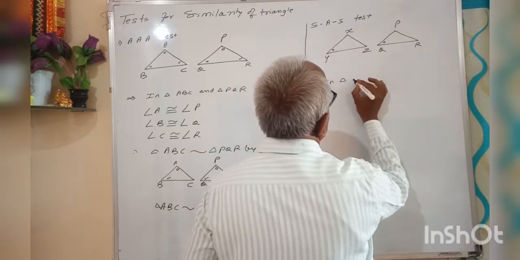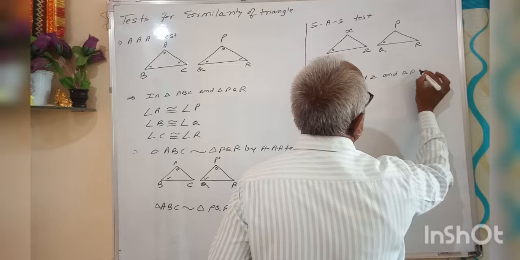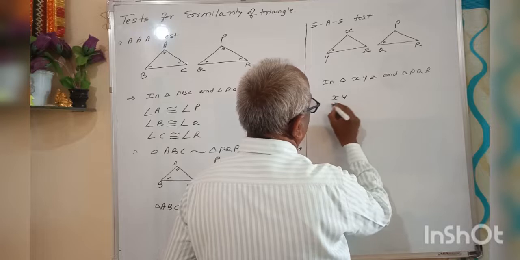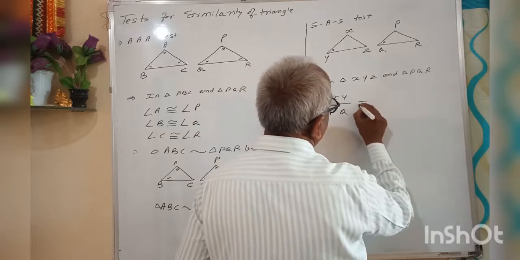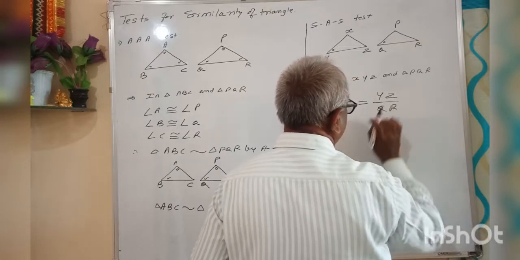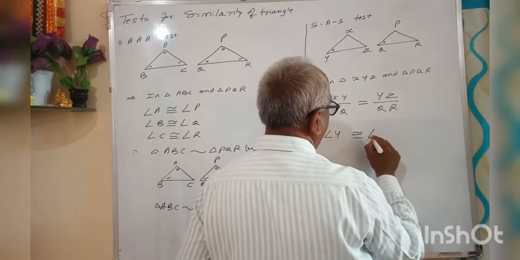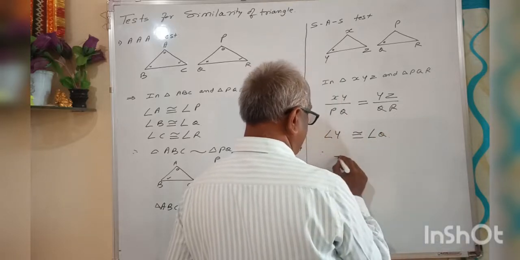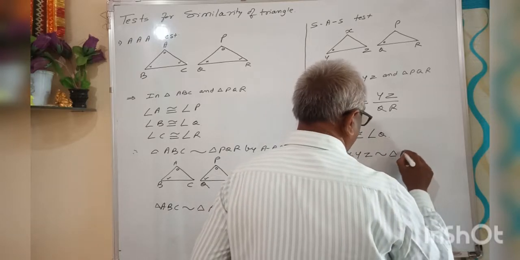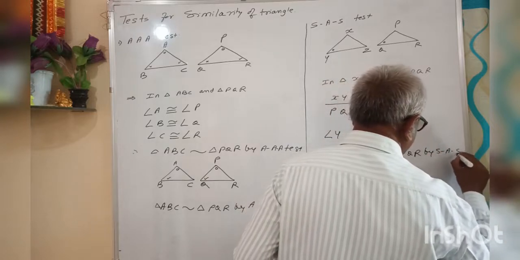In triangle XYZ and triangle PQR, XY upon PQ is equal to YZ upon QR. Their two sides are in proportion and angle Y is congruent to angle Q. Then we can say that triangle XYZ is similar to triangle PQR by the side angle side test.